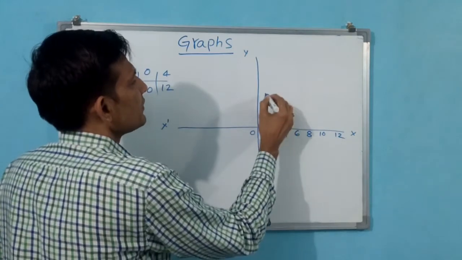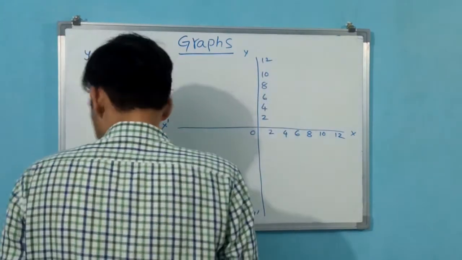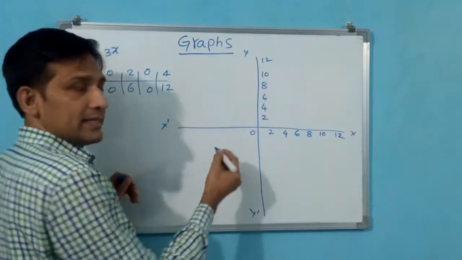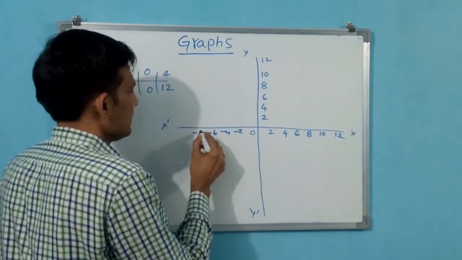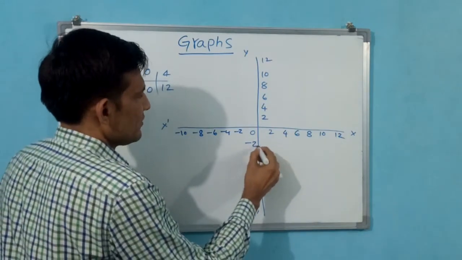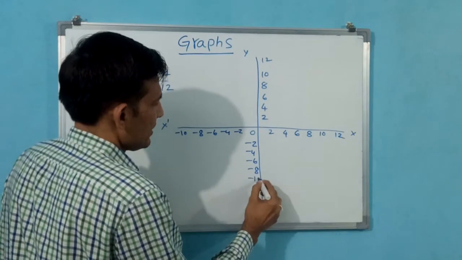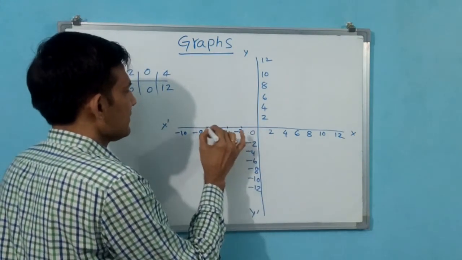Like that here also: -2, -4, -6, -8, -10, -12.